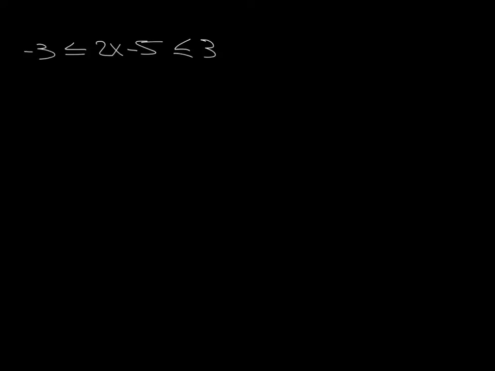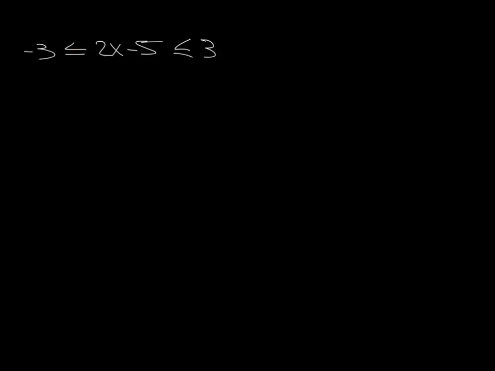Alright, so the way that we solve a compound inequality like this is, when we're doing math, we're trying to get our x by itself, and we have a 2x minus 5 here. So what we're used to doing is adding 5 to both sides, but the problem is we have more than one side. We have this side here and this side here. So what do we add 5 to? You add 5 to both sides, this one and this one.